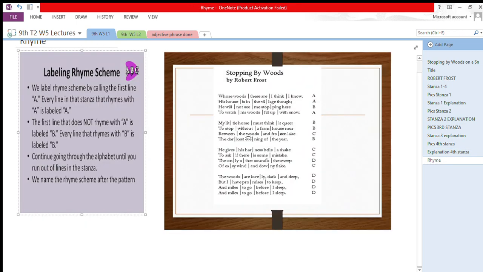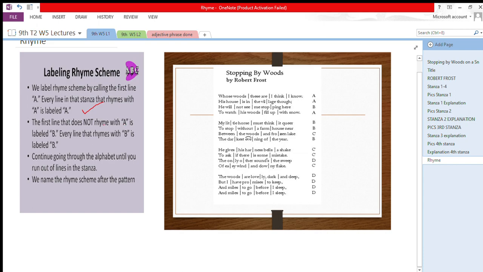Now we'll see what the rhyming scheme is in the stanza. Now what is a rhyming scheme? We label the rhyming scheme by calling the first line A. Every line in that stanza that rhymes with A is labeled as A. I have explained this in my previous lecture about daffodils also.